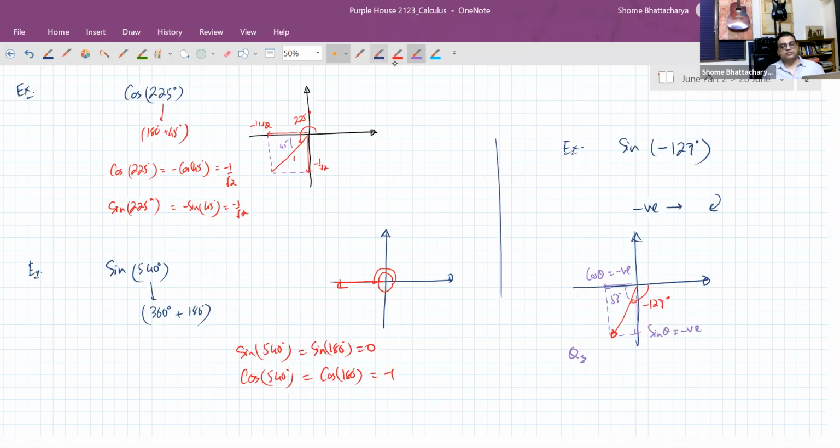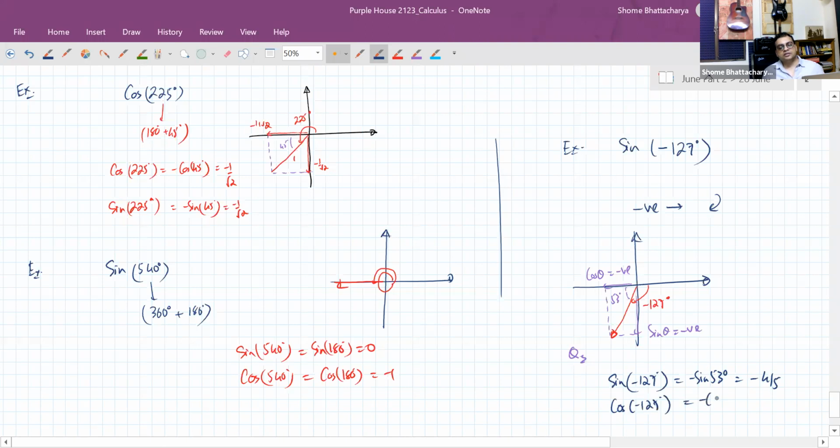From this diagram, you can see that sine of minus 127 will become minus sine 53, which you should remember is 4 by 5. So minus sine 53 will be this, whereas cos of minus 127 will be minus cos 53, which will be minus 3 by 5.